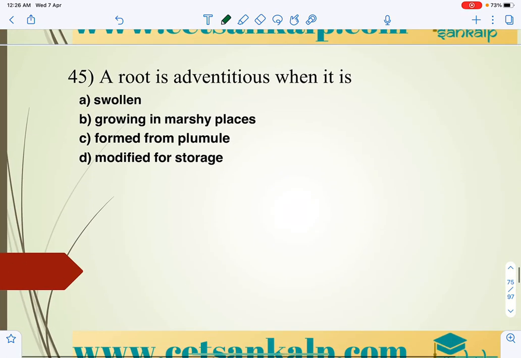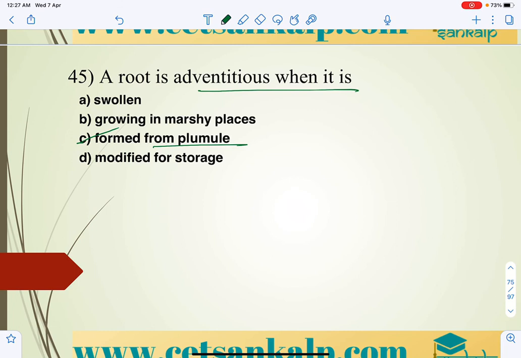And the last question: a root is adventitious when it is what? If you want to consider it adventitious, it is formed from a plumule. Root is usually an underground organ that lacks buds, and nodes won't be there.